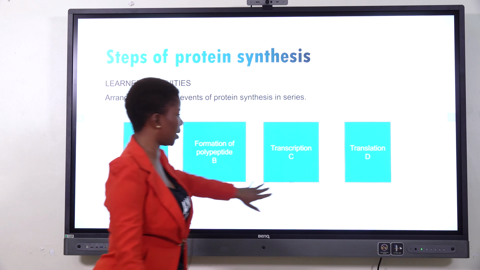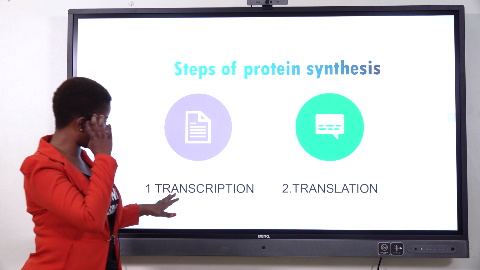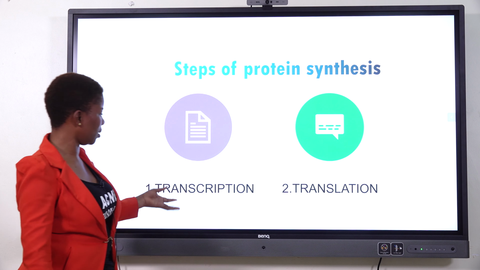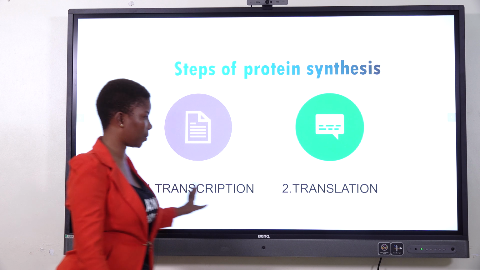My answer is, there are two processes of protein synthesis, transcription and translation. Under transcription, there is formation of messenger RNA, and under translation, there is formation of polypeptide.